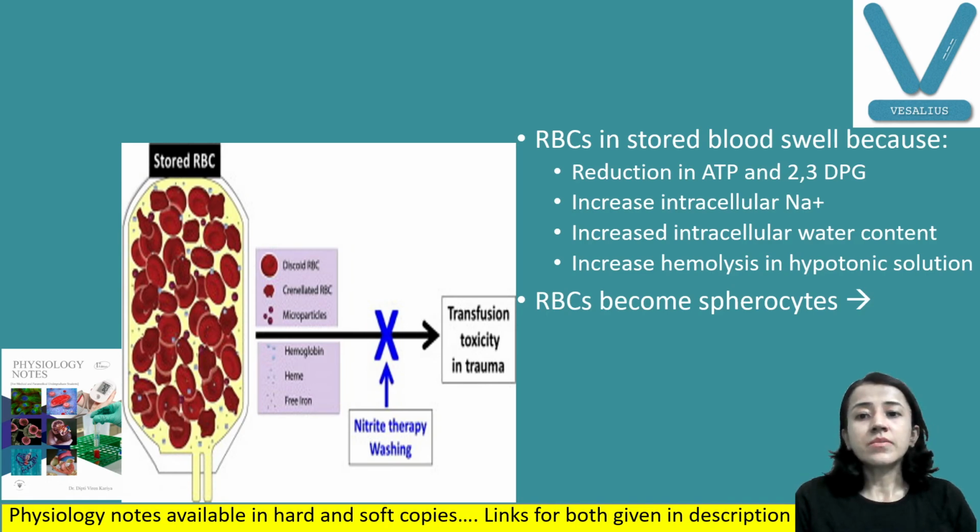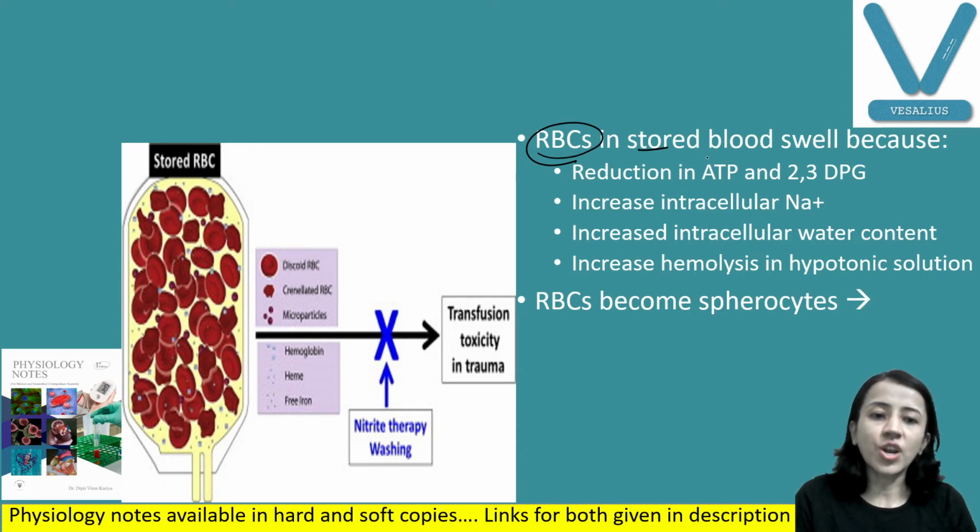Now what is the effect of storage of blood on different cells? If we are talking about RBCs, what is the effect when we are storing the blood? RBCs get swollen. Why swollen? Because of a decrease in ATP and 2,3-DPG, which is required for the activity of the sodium potassium pump. Also there is increased intracellular sodium.